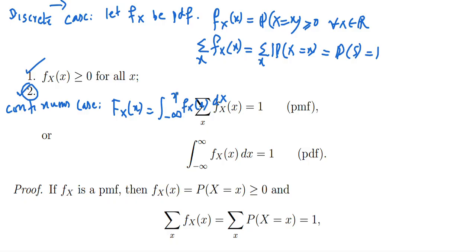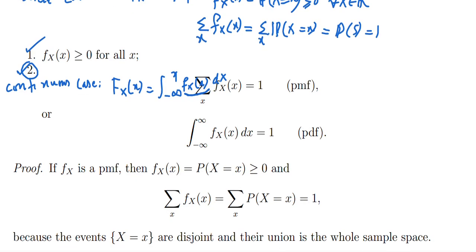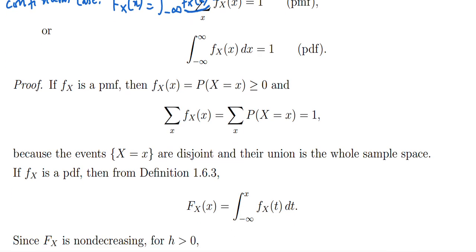Now the question is why this function is non-negative. Let us see from here. For a PMF, this is this, because these are disjoint and their union is the whole sample space. This is very much clear.